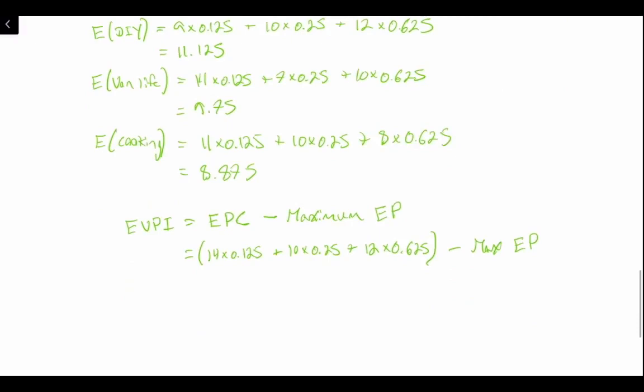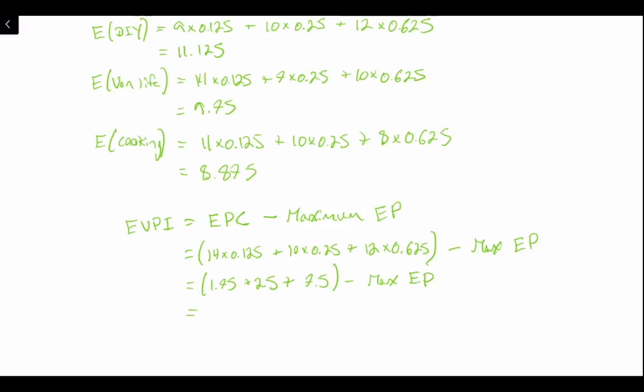Okay, so 14 times 0.125 gives us 1.75, plus 10 times 0.25, which is 2.5, plus 12 times 0.625, which is 7.5.